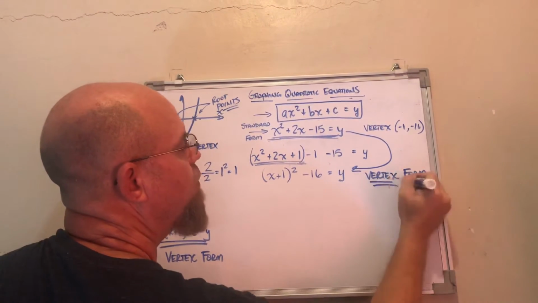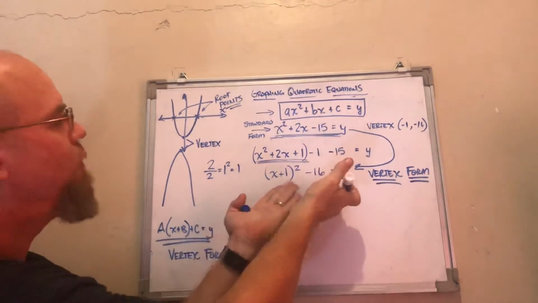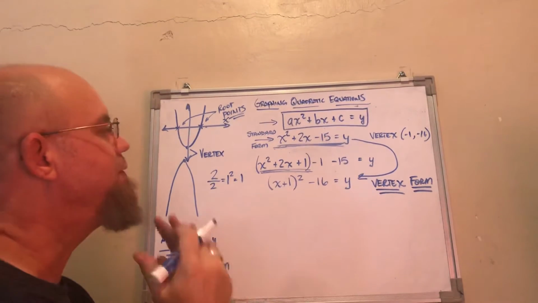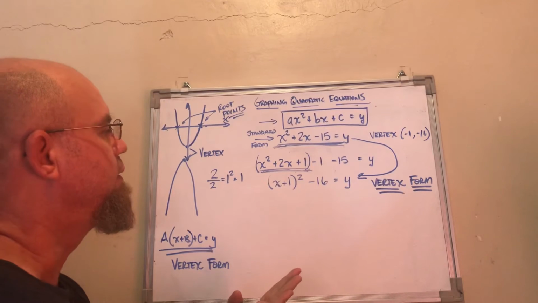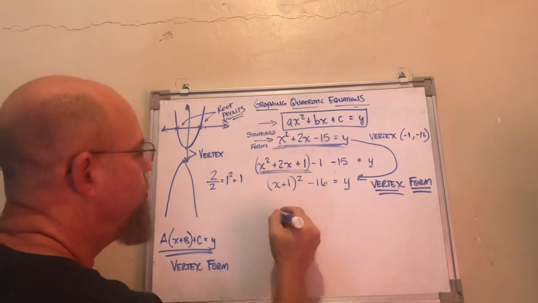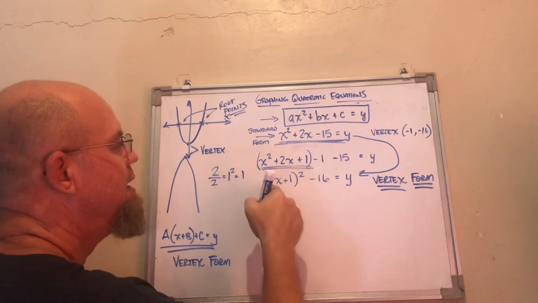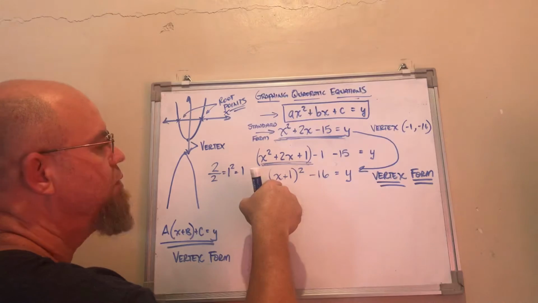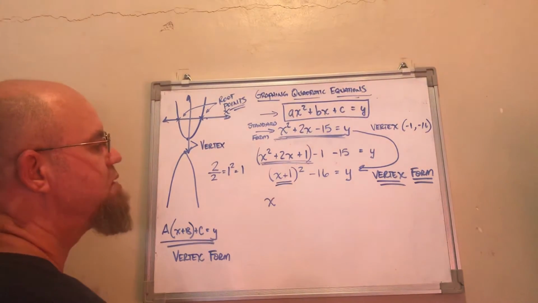And you're probably wondering, why in the world would I ever do that? Well, when we have it in the vertex form, it is very easy to find the vertex point of the parabola, okay? The x value of the vertex is the value that x has to be to make this binomial equal 0.